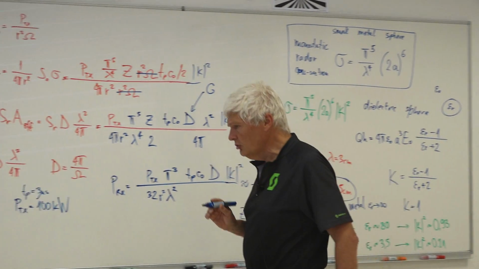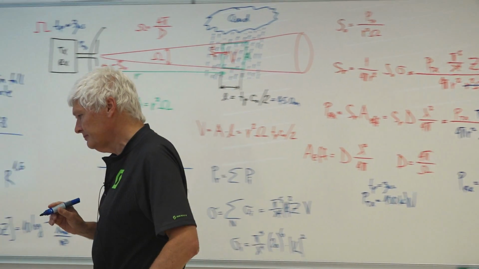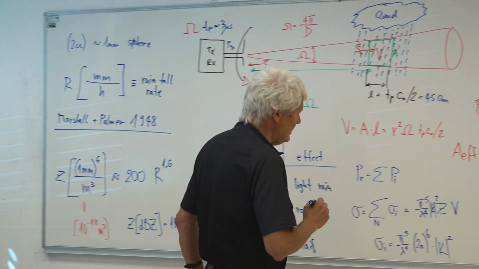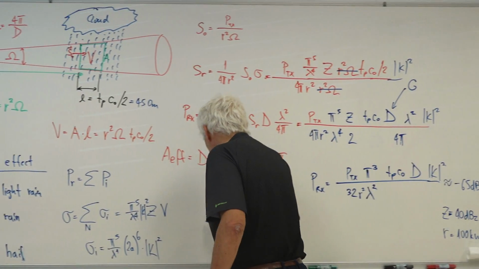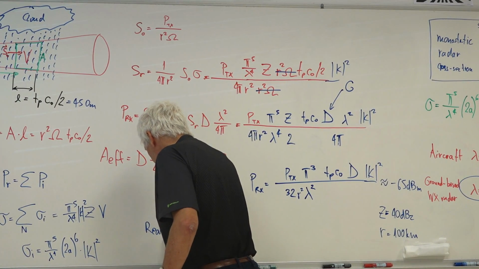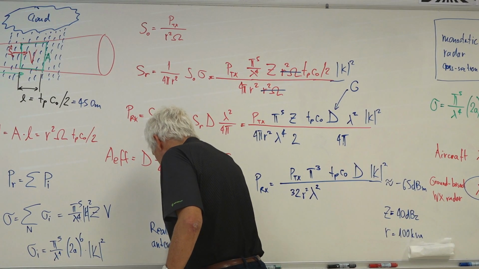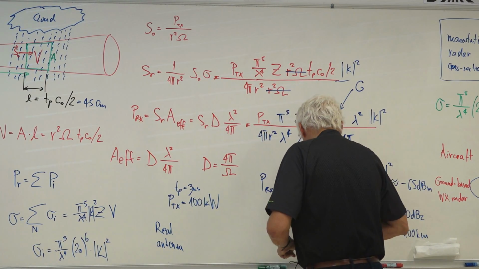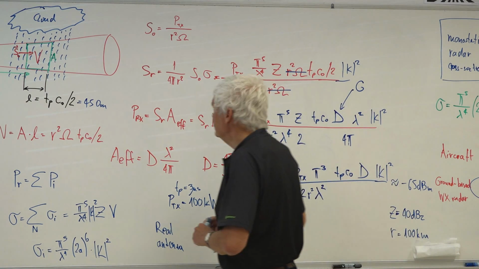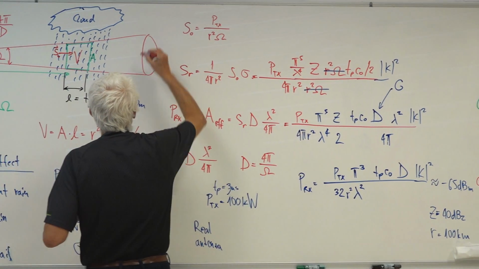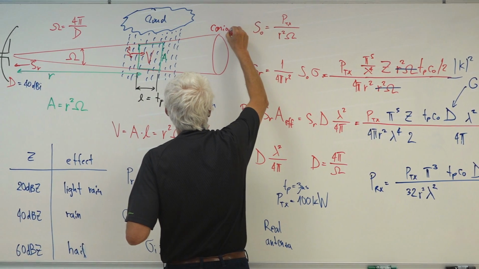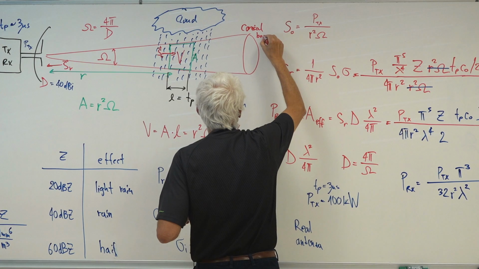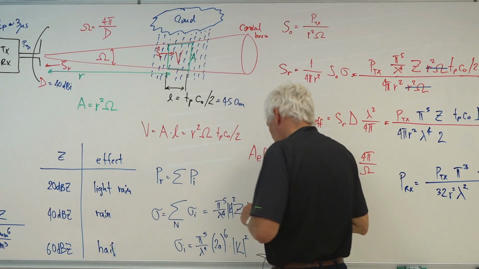What we should add here, the only thing we should add to this expression, is that our real antenna does not have a perfect conical beam. So this was a conical beam, a perfect conical beam of the size omega.